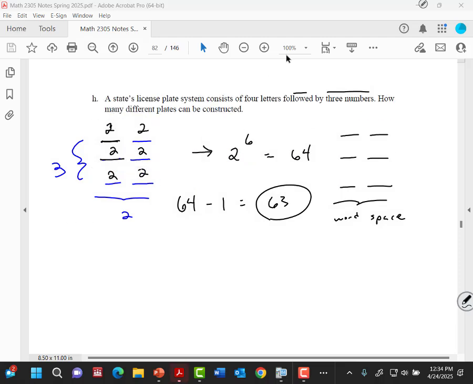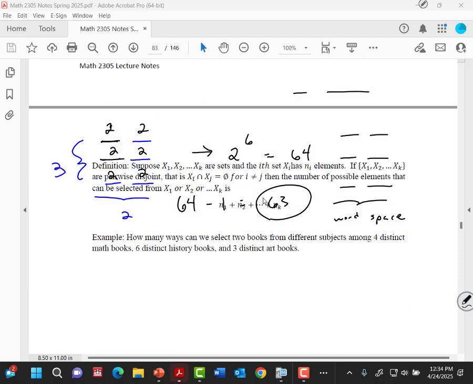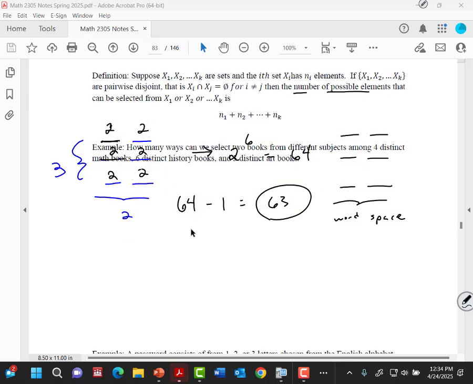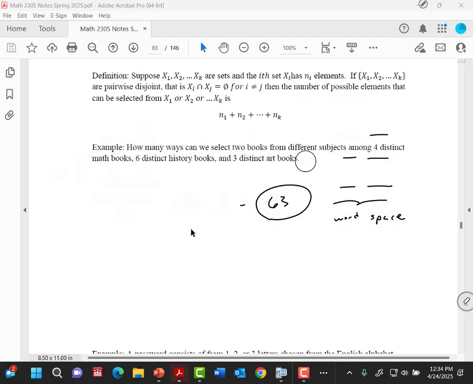I'm going to skip H and move into a new definition. Suppose x1, x2 out to xk are sets, and the ith set xi has n sub i elements.